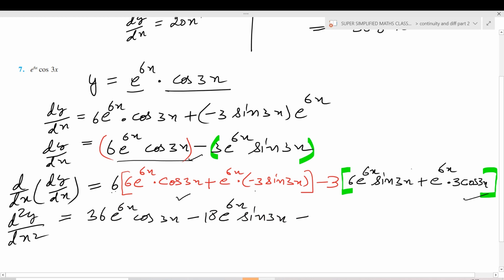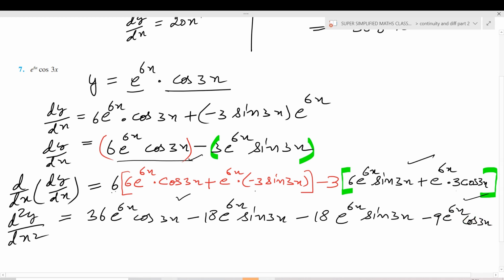Now we come to the next bracket and we solve this. Minus 6 into 3 minus 18e^6x into sin 3x, minus 3 into 3 becomes 9e^6x cos 3x.